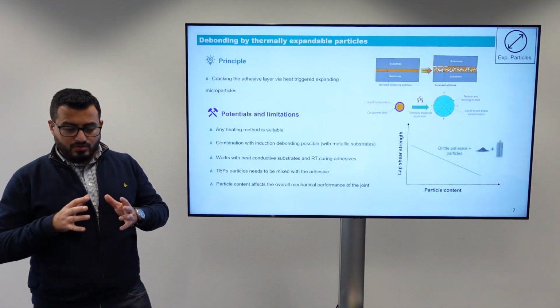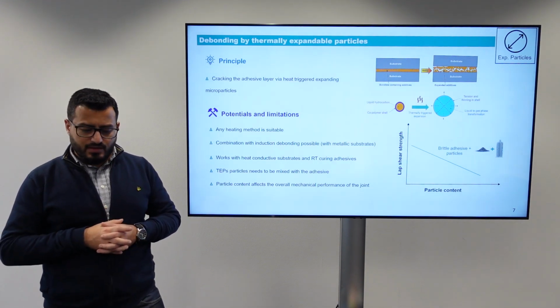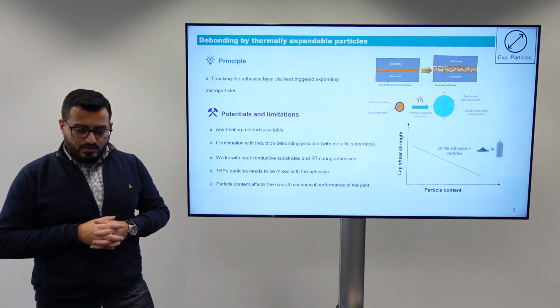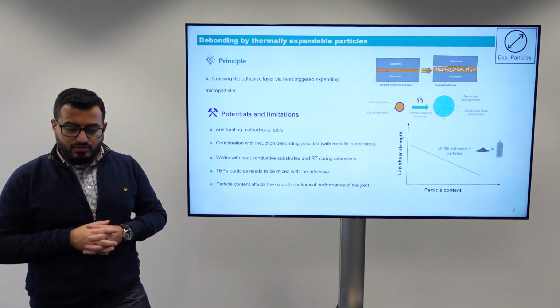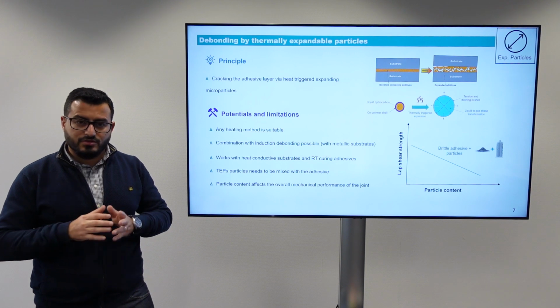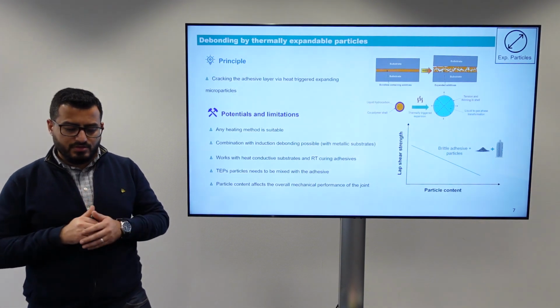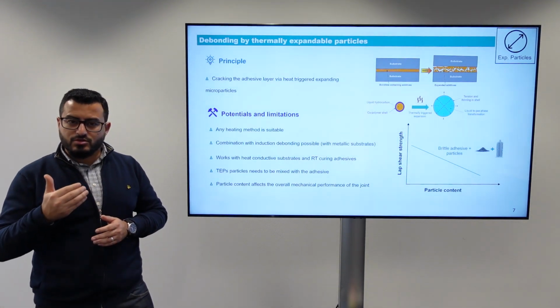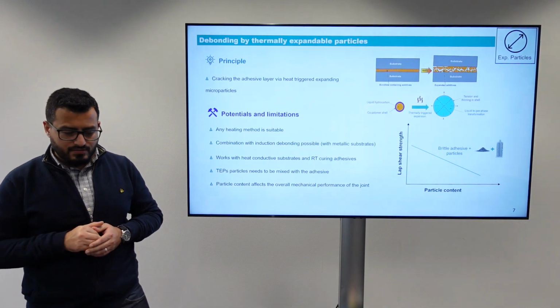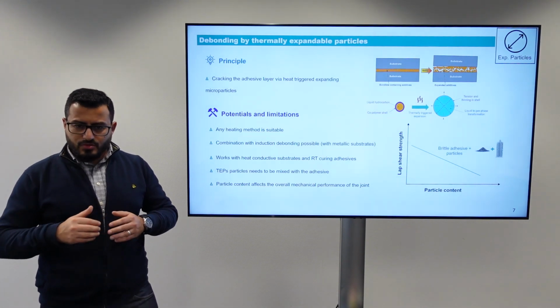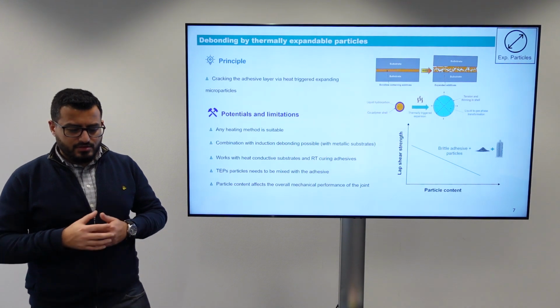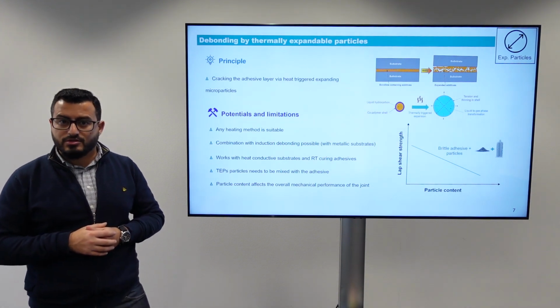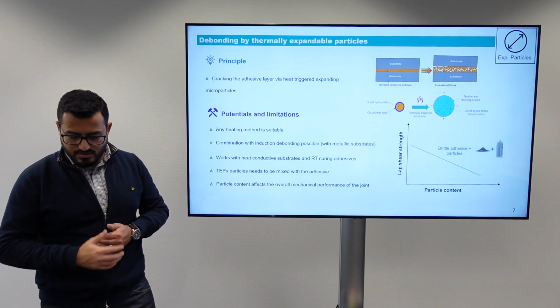This method works only with heat conductive substrates, and also we have to take into consideration that there is a certain triggering temperature for these particles, so it's mostly suitable for room temperature curing adhesives. Of course, when we talk about particles mixed with adhesives, that means that also the mechanical performance would be affected in that case.